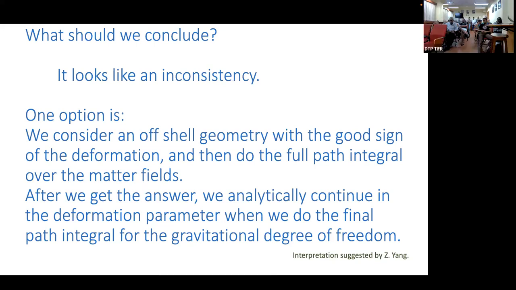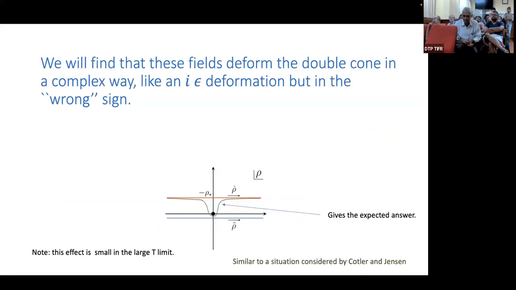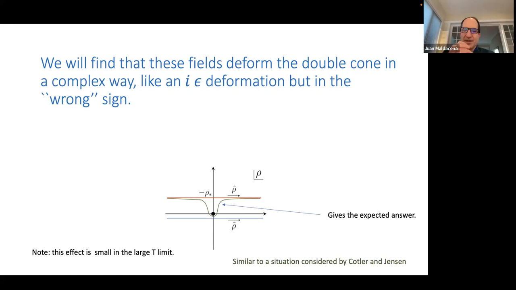Sorry, I didn't understand. When you said it deformed it in the wrong way, you meant one computes, say, the back reaction due to the quantum stress tensor, or what did you mean? Yes, indeed. That's the computation. We take the double cone, we compute the quantum stress tensor, that gives rise to a non-zero value of the stress tensor, and that deforms the geometry.